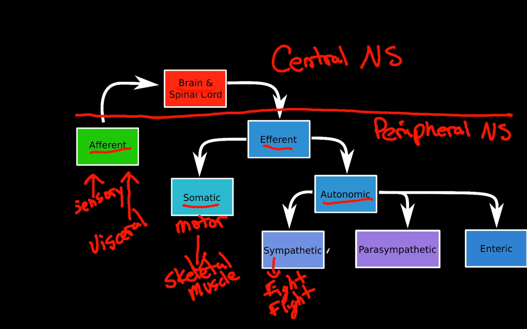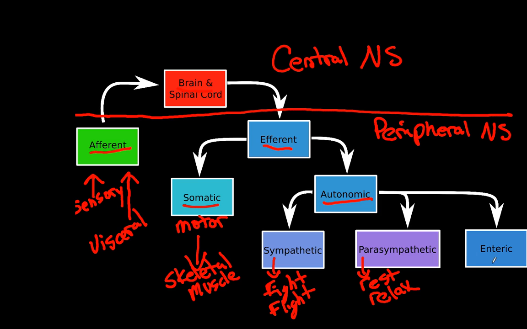We're mobilizing all of our resources to do something. We also have the parasympathetic division, which tends to be the rest and relax functions. These are the things we do when we're not needing to mobilize a big response from our body, like digestion, healing responses, and other maintenance that you do when you don't need to do other big things.